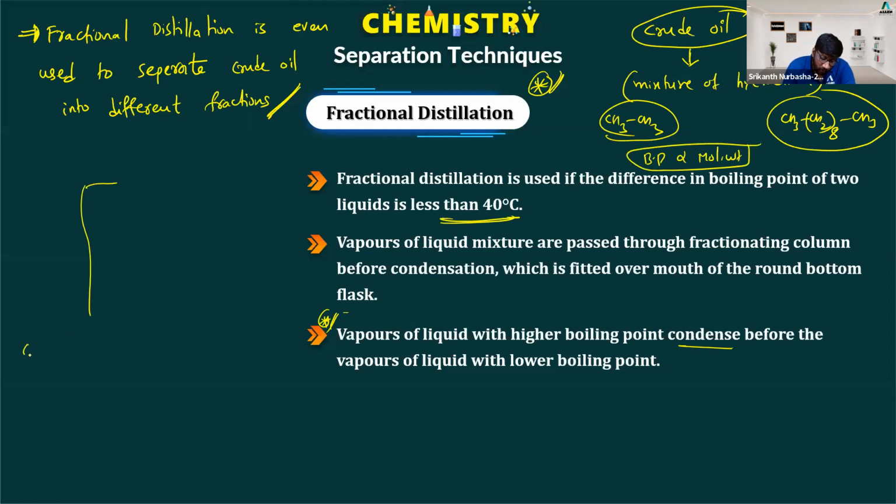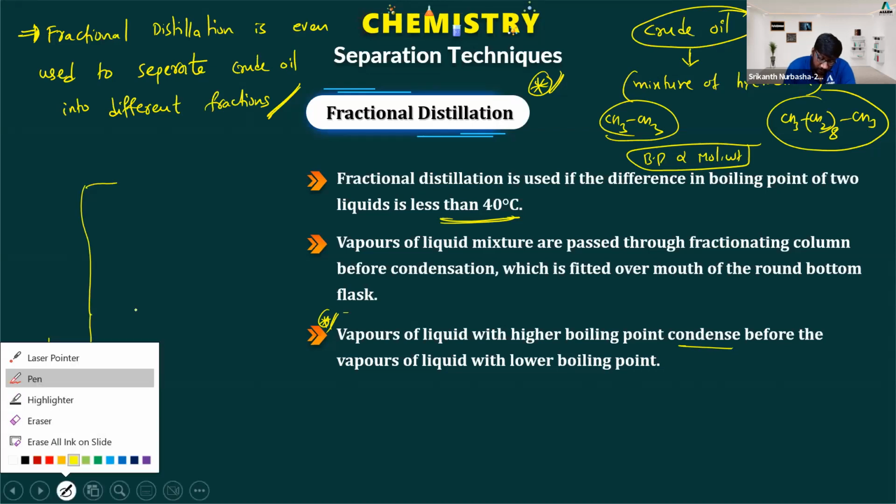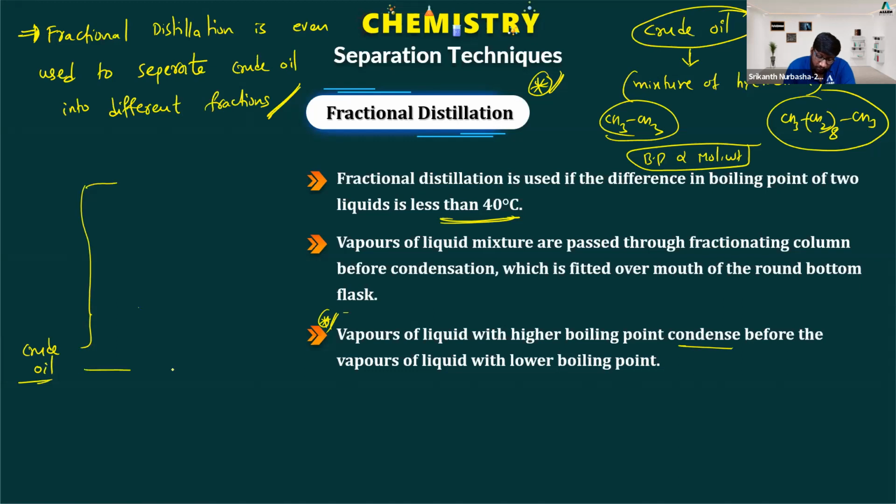Now I have this crude oil at the lower part of the fractionating column, and we have different layers placed like this.